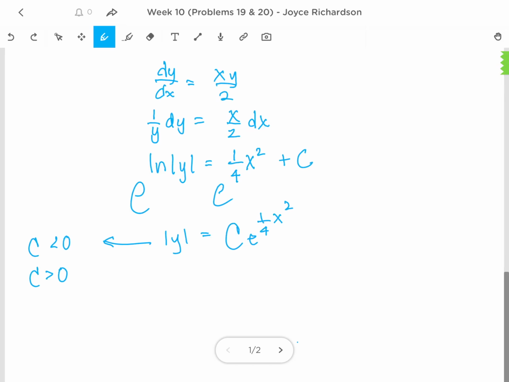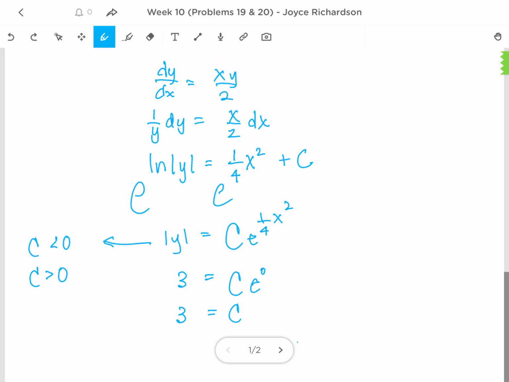So when I plug in my ordered pair, I'm going to get 3 is equal to C e to the 0. So I know that my C value is equal to 3.